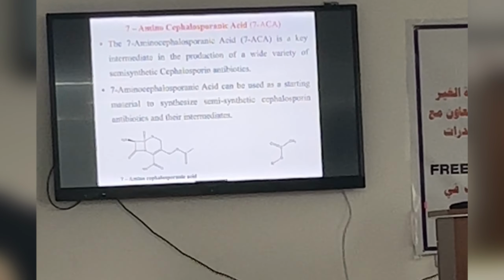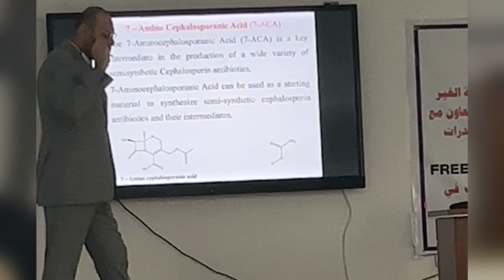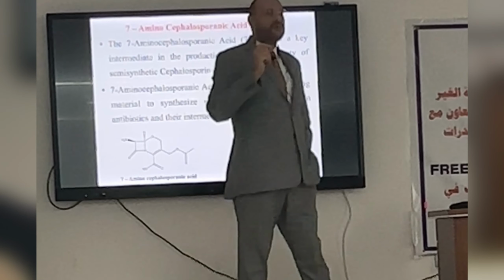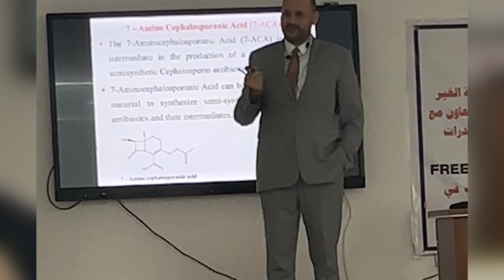If you remember, 7-aminocephalosporanic acid is the precursor or starting material, just like the case we had with morphine. We said morphine is a good starting material, and we said why morphine is a good starting material.